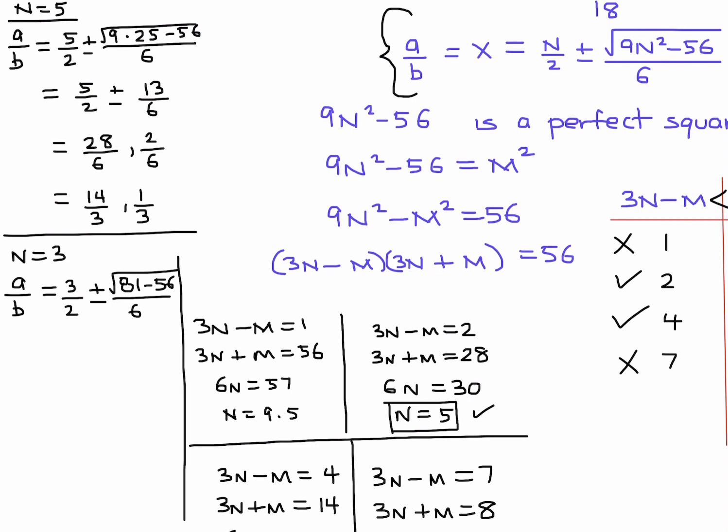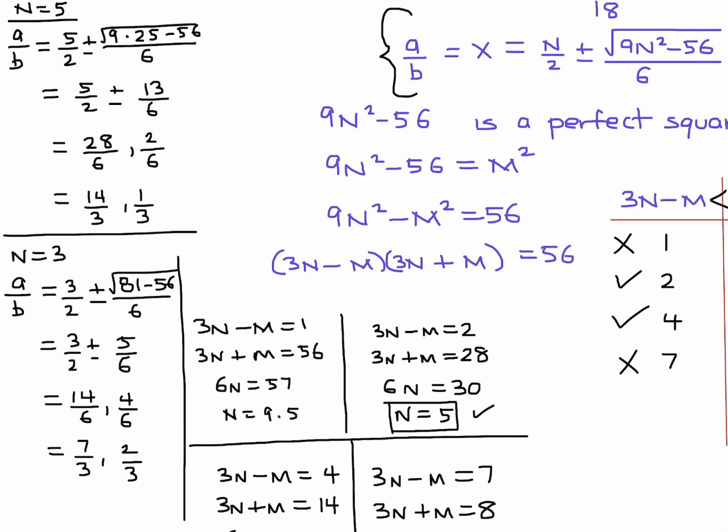All over 6. So that is 3 over 2 plus or minus 25 square root 5 over 6. So this gives me 14 over 6 or 4 over 6. And that in lowest terms is 7 over 3 and 2 over 3.